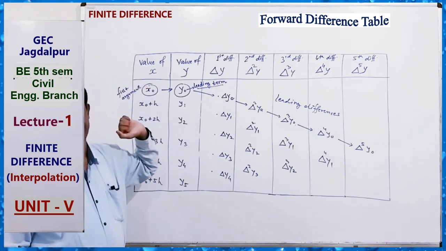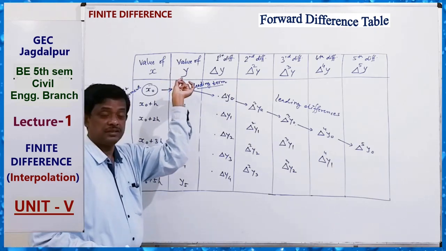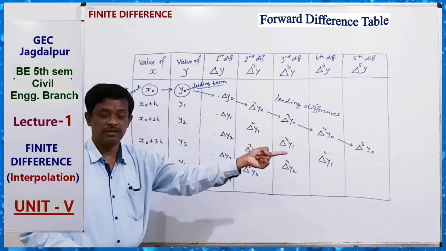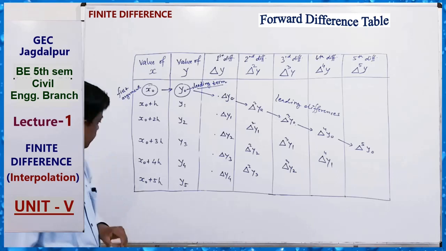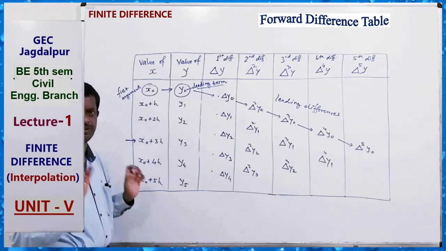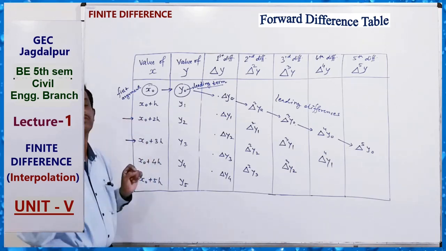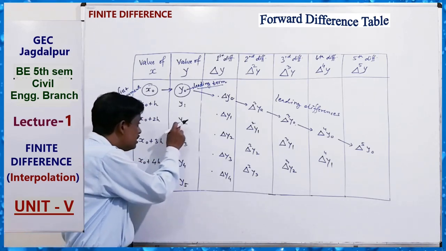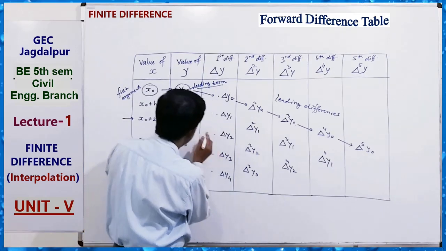If this is the first argument or our origin argument, then this will be the leading term, and at this argument all the leading differences are used in the formula. Suppose for example, if we take this as the first argument or origin argument, then it will be the leading term, and these differences will be leading differences.